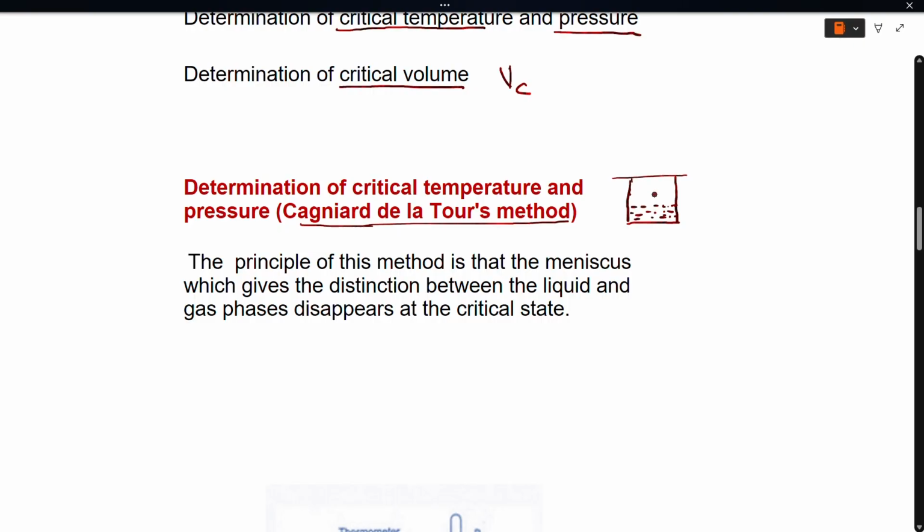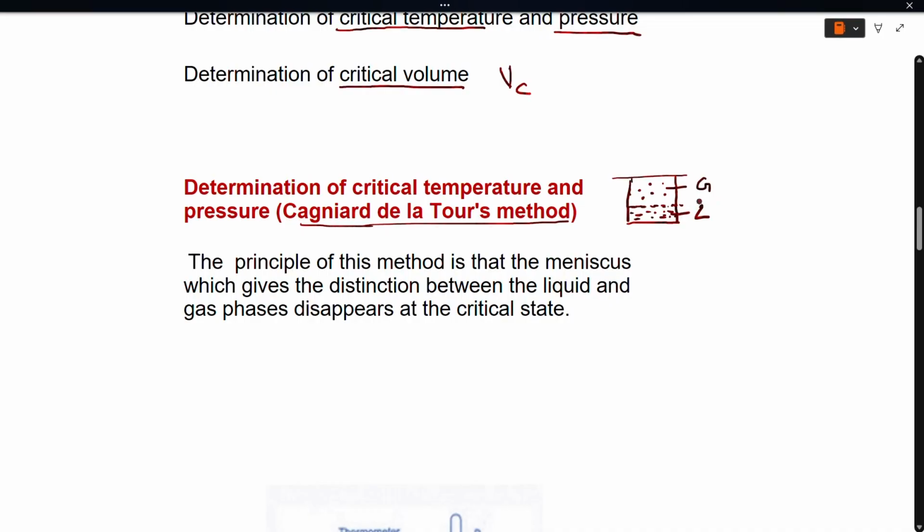After some time, some of the liquid gets evaporated and there will be an equilibrium between the liquid and the vapor, that is the vapor of the liquid above it. So, here we will be having the gaseous molecules of that particular liquid, and here we will be having the liquid. So, here it will be in the liquid state and that will be in the gaseous state, and between these two we have a demarcation.